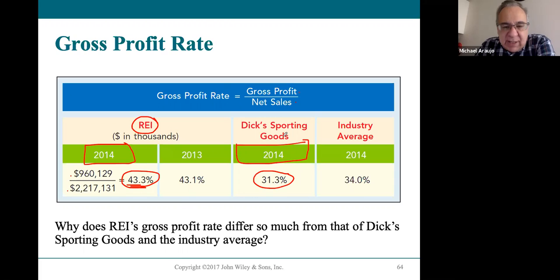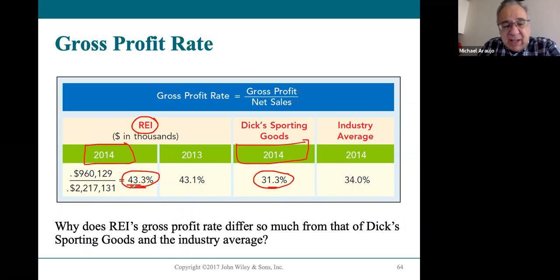For every dollar they collected from the customer, they had to pay about 69 cents of that to cover the cost of the inventory, the cost of goods sold. And 31 cents of that dollar is their gross profit.